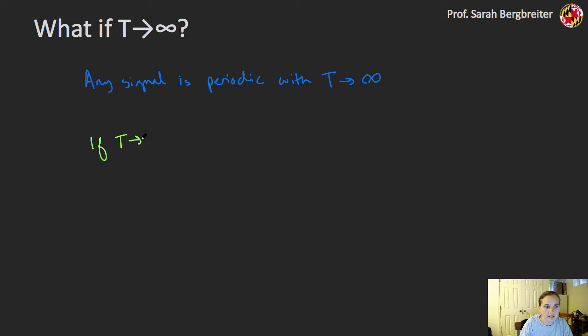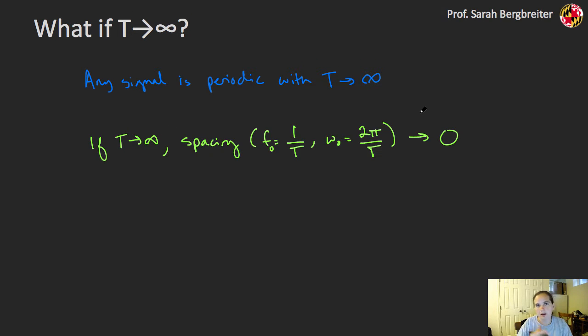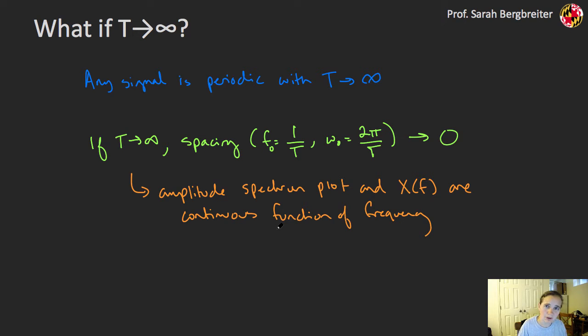If I let T go to infinity, then my fundamental frequency, and therefore the spacing between those peaks in my amplitude spectrum plot, goes to zero. f naught is 1 over T, omega naught is 2 pi over T. And the amplitude spectrum plot, big X of f in contrast to little x of t, is going to be a continuous function of frequency now.